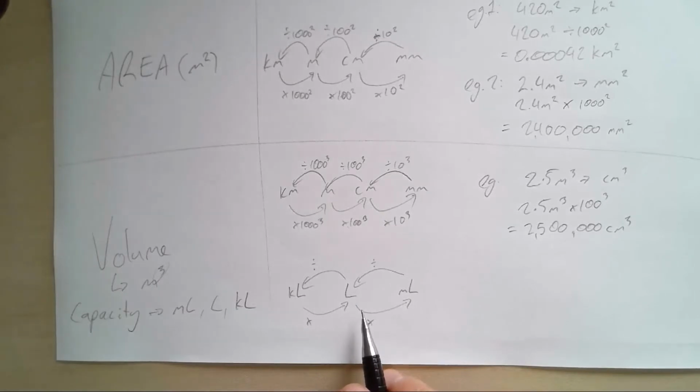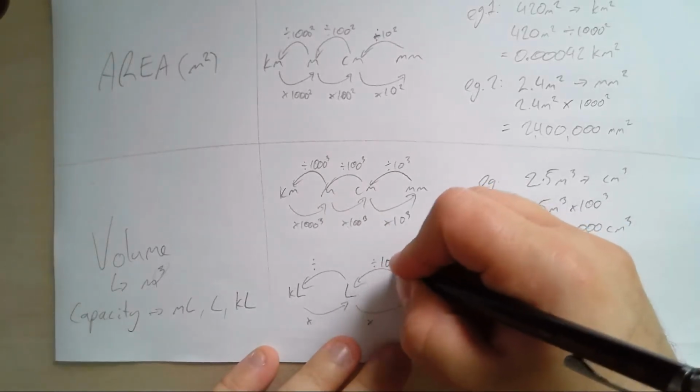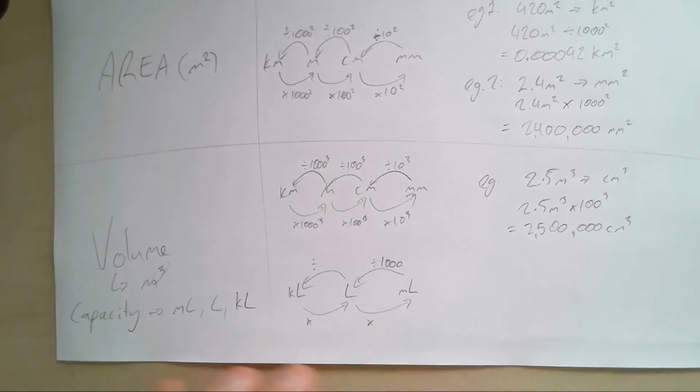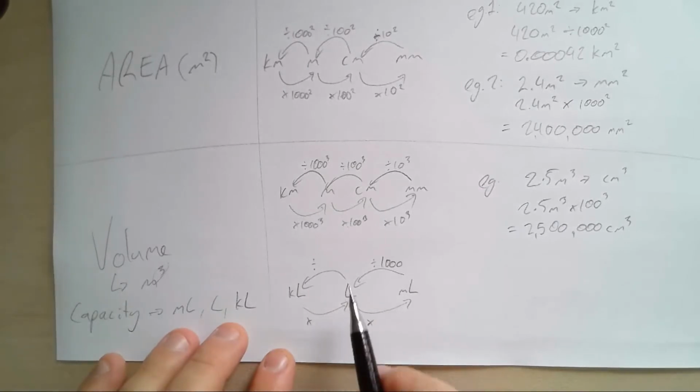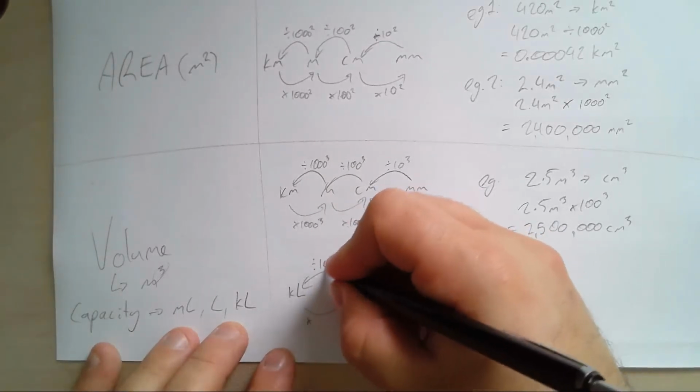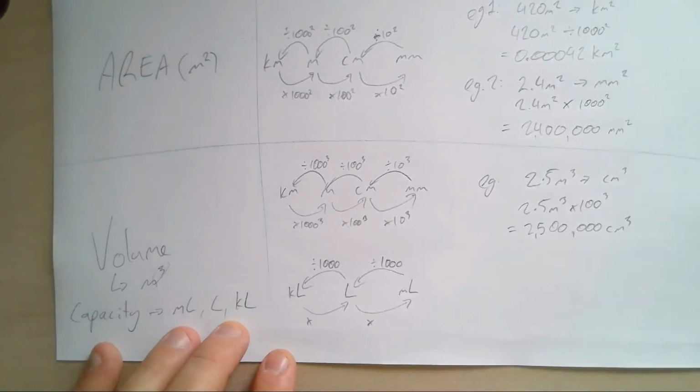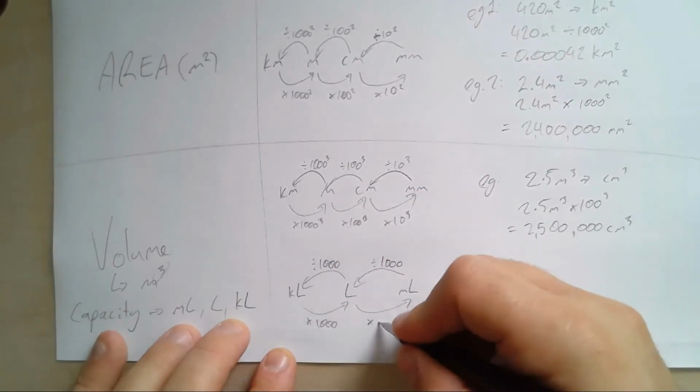Okay, divide times. Now let's think about it. Milliliters to liters. Okay, well there's 1,000 milliliters in a liter. Okay, and liters to kiloliters, there's 1,000 liters in a kiloliter, and then it's the same on this end.